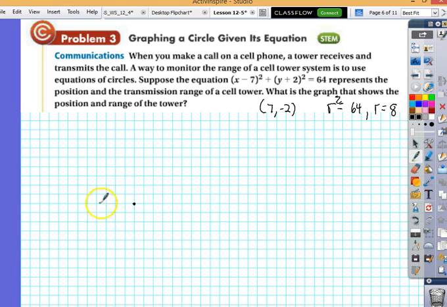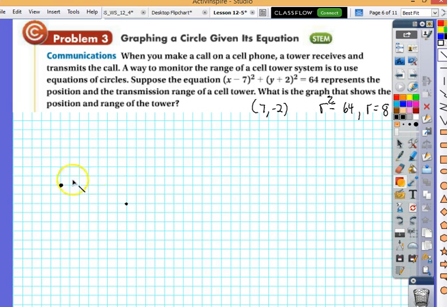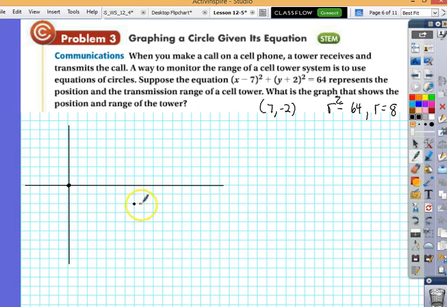All right, so let's say that 1, 2, 3, 4, 5, 6, 7. Let's say that this was the origin. Okay, so if that's the origin, here's my coordinate plane. When you say that this point right here is 1, 2, 3, 4, 5, 6, 7, -2.